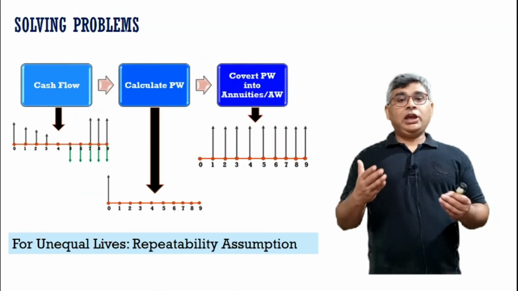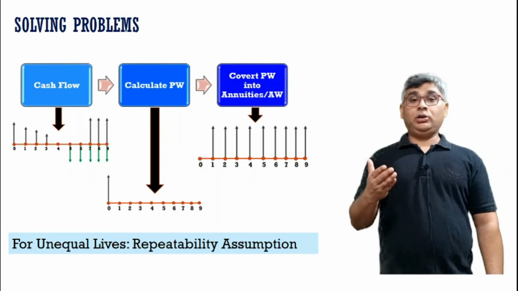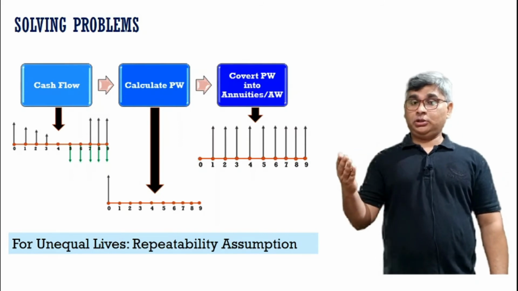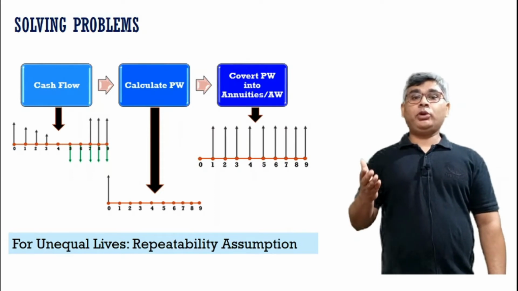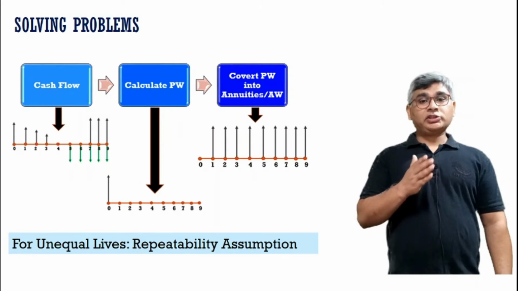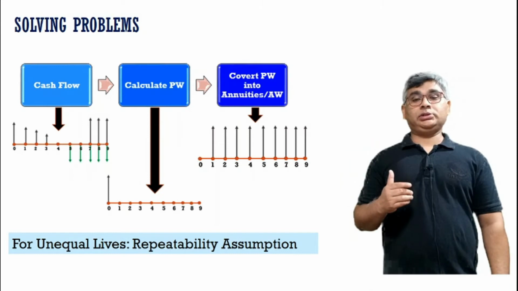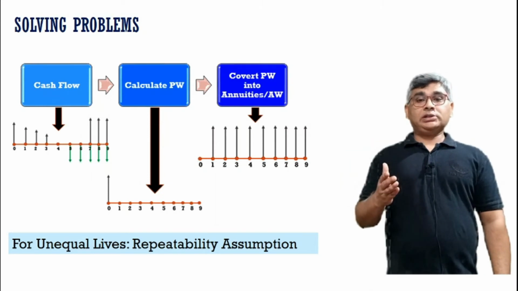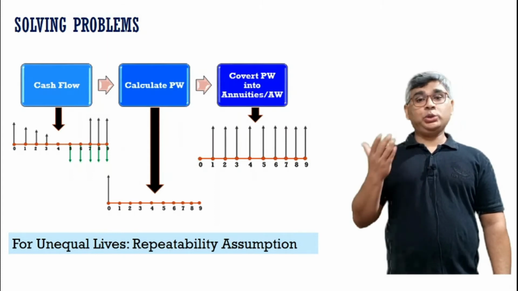Now whenever we are solving problems with the help of the annual worth method, or even with the future worth method, it's always better to convert any cash flow into the present worth, and then this present worth is converted into annuities. The simple logic behind this is that it is easier to understand and easier to visualize.